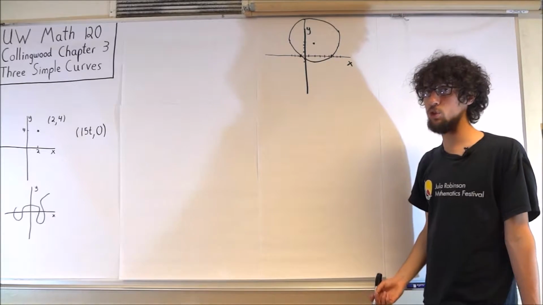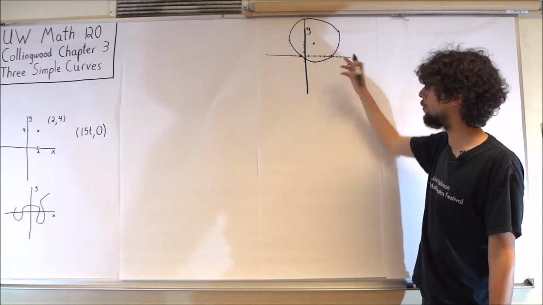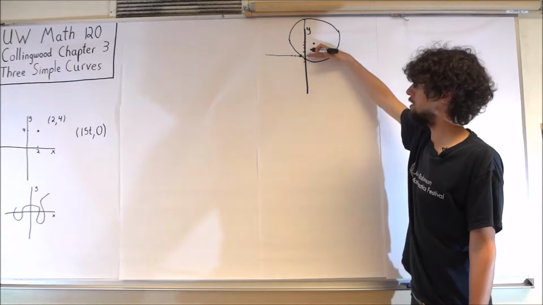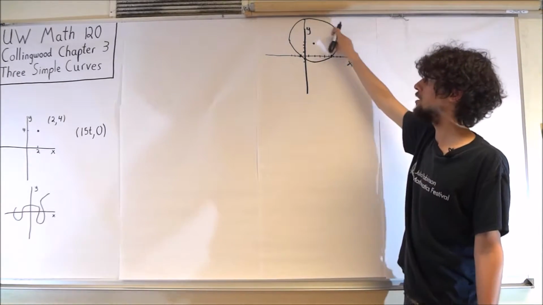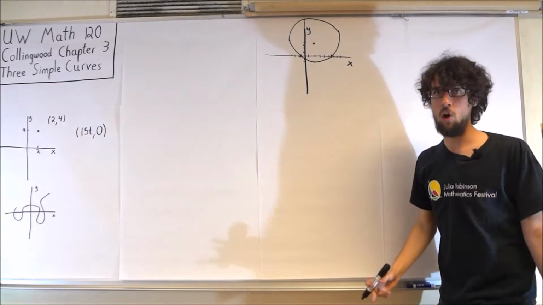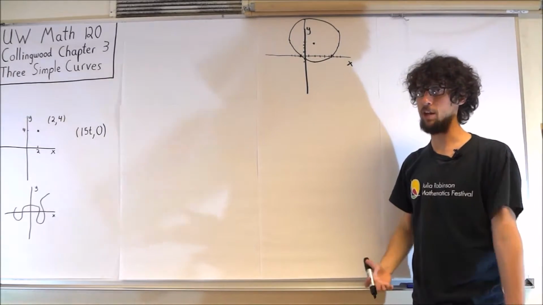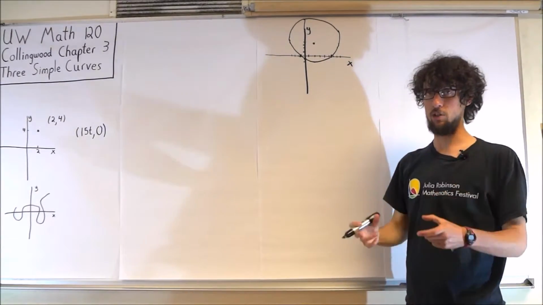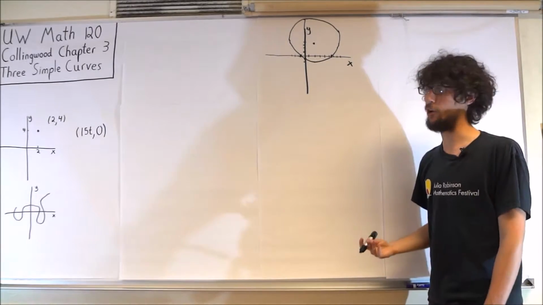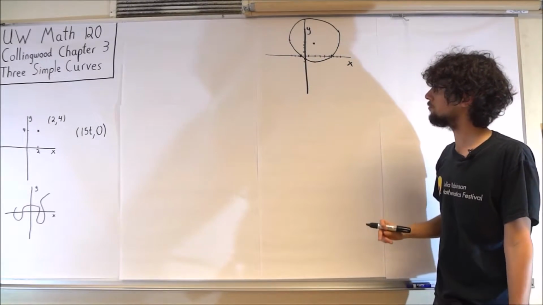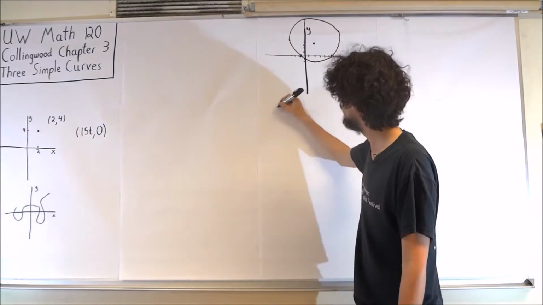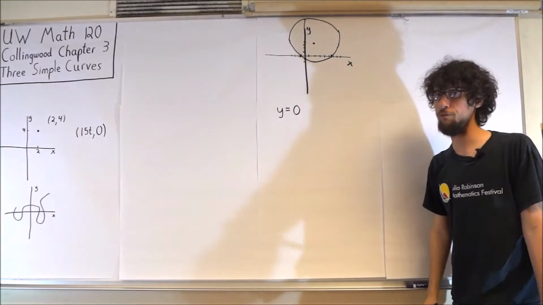Well, we know that these 2 points lie on both this line and this circle. So if we can write mathematical descriptions of that line and that circle, we can use them in order to find these 2 points. So our line is quite straightforward.